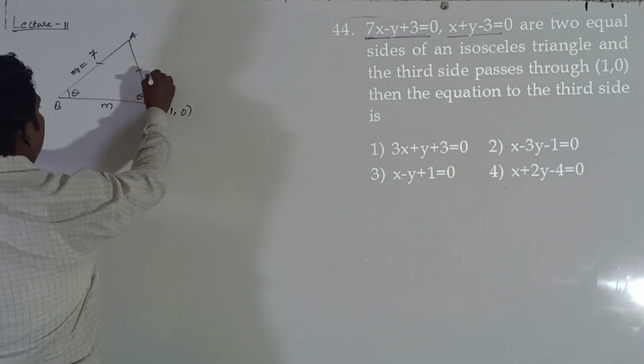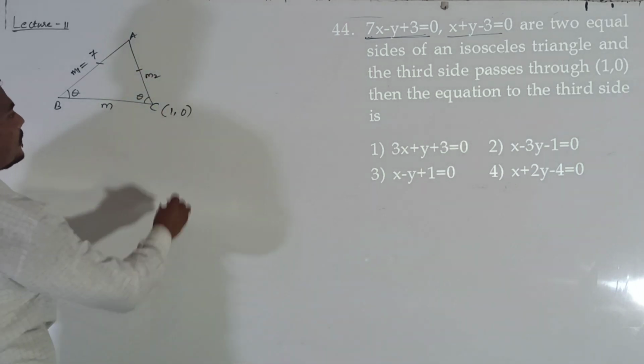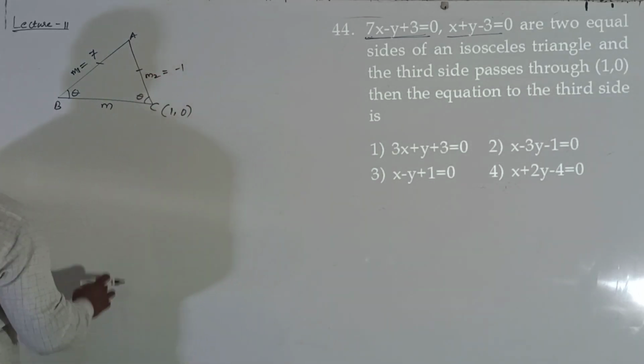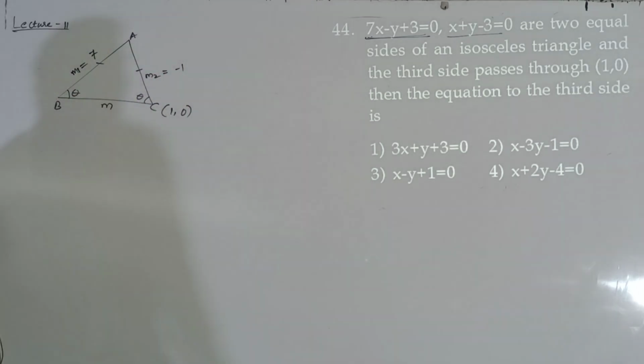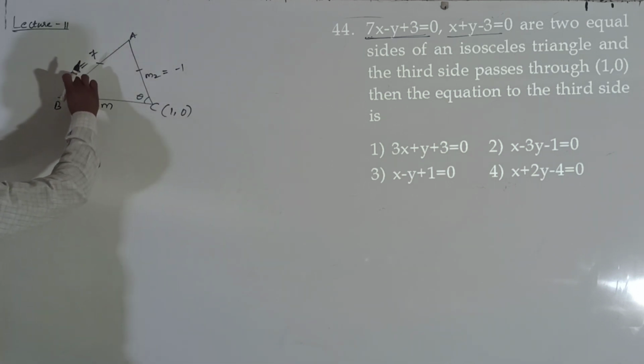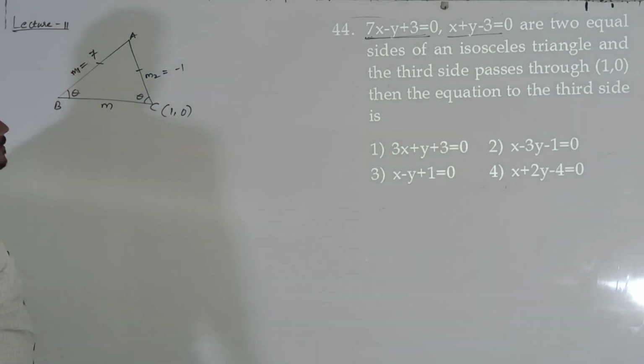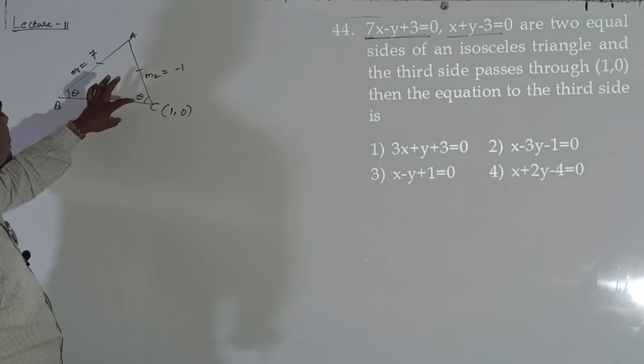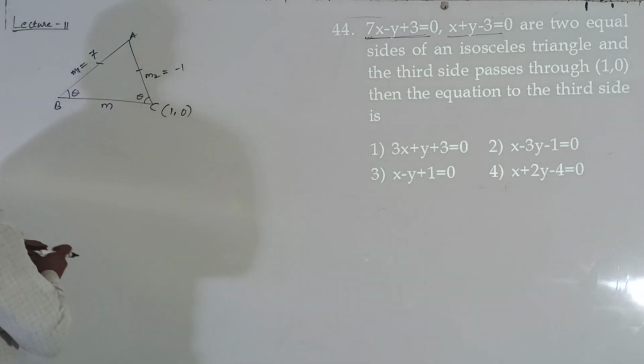Then can you tell me the slope of the second line, that is AC, that is minus 1, minus a by b, and angle B is the same as angle C. Why? Because it is an isosceles triangle. That means the angle between AB and BC is the same as the angle between BC and AC.